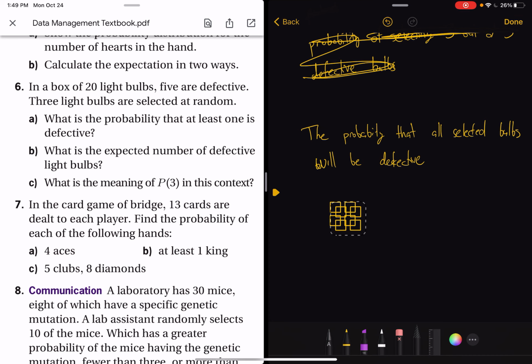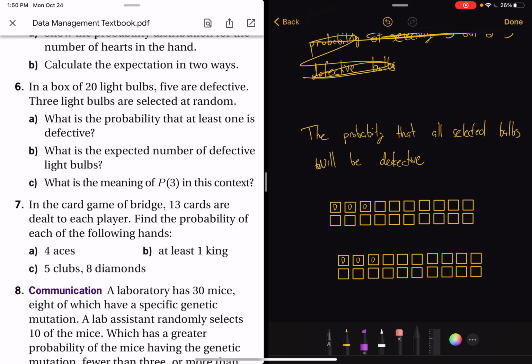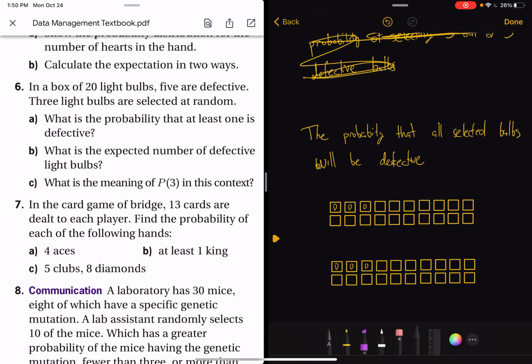And duplicate. So I'm going to have a bunch of defective bulbs. So that's D, D, and D. And essentially what this says is, what's the probability that I select one bulb and it's defective, right?